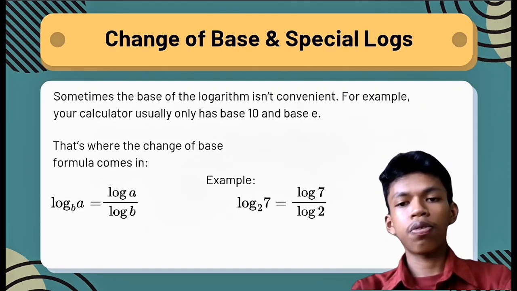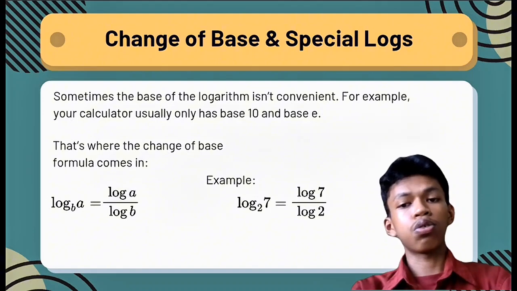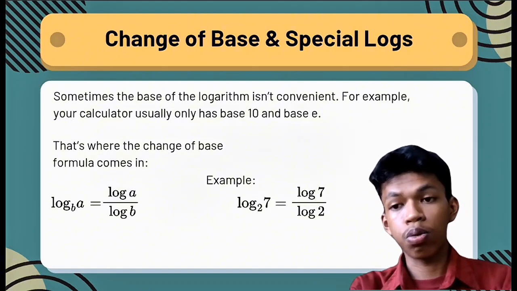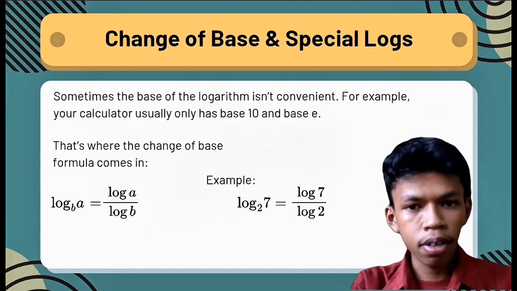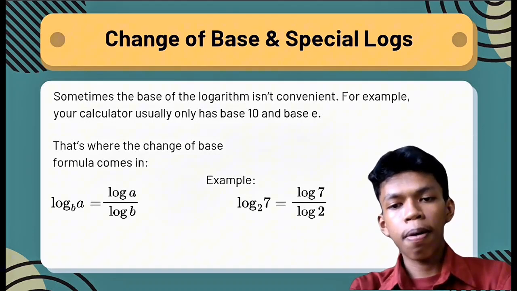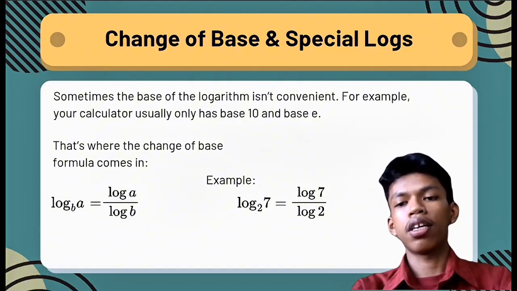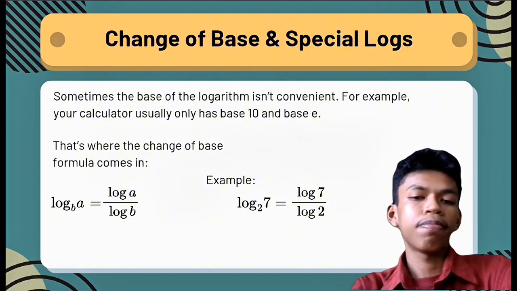So when a question asks you to find something like log base 2, log base 5, or any other base, we can't directly type it into the calculator.